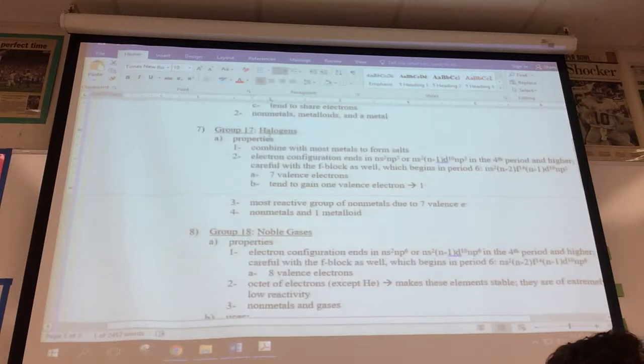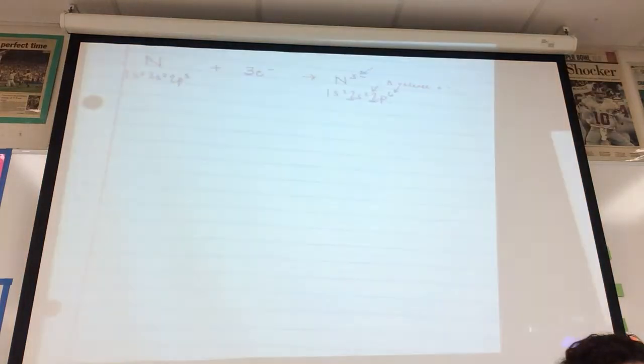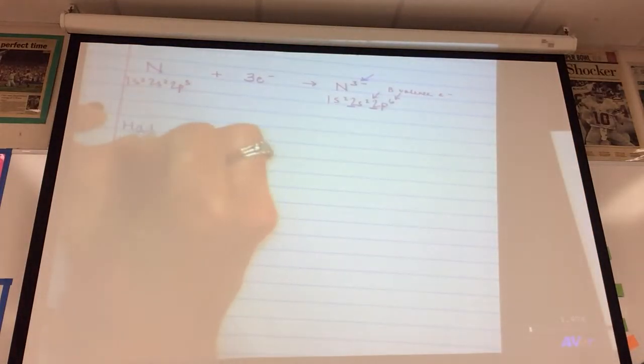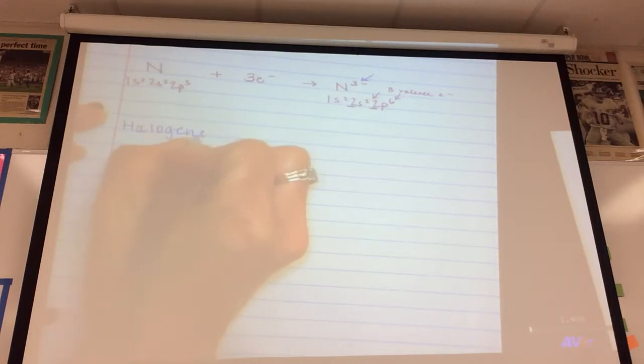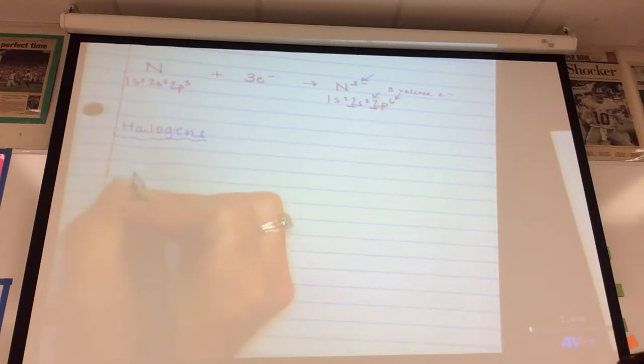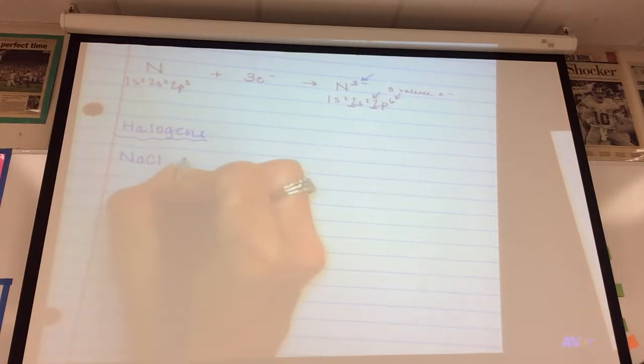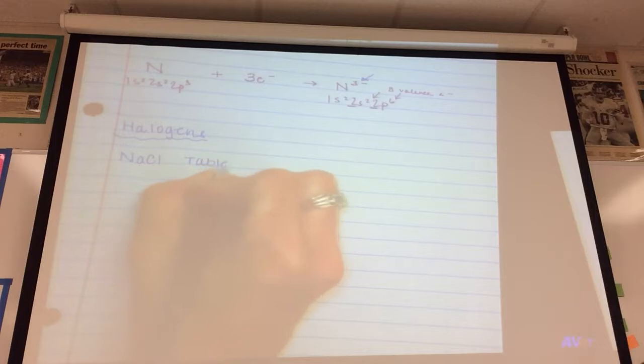I also want to talk briefly about the halogen family. You're going to be doing a lab that involves a lot of substances from group 17. Halogens will combine with metals to form salts. Let's take a look at that. In regard to your halogens, this is group 17. And for example, sodium chloride is table salt.